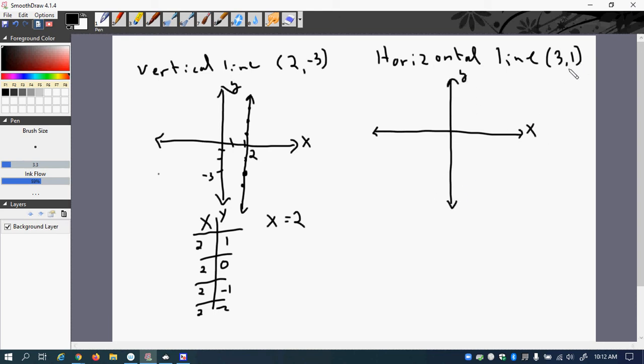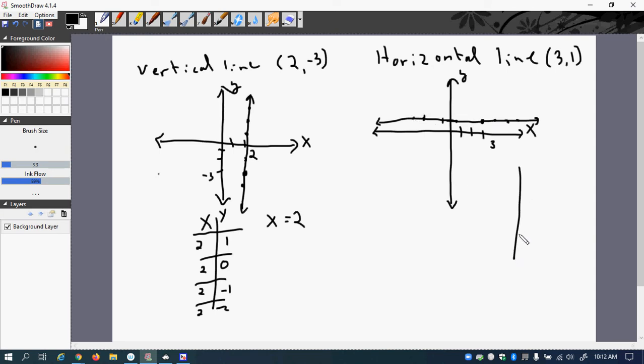And I'm going to plot this point (3, 1). So 1, 2, 3, and it goes up 1. And this time it's a horizontal line, so it's going to go in the left and right direction. So I have it going this way, and I have it going this way. So now if I pick points, it's all along this line.